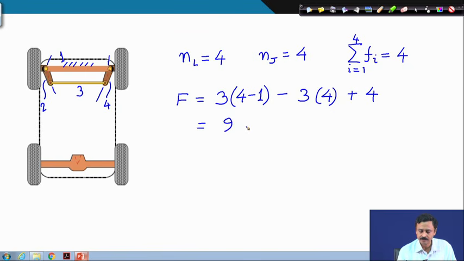So, this gives us 9 minus 12 plus 4, and that is 1 degree of freedom. And as we know, this 1 degree of freedom is controlled by the driver who steers the vehicle.